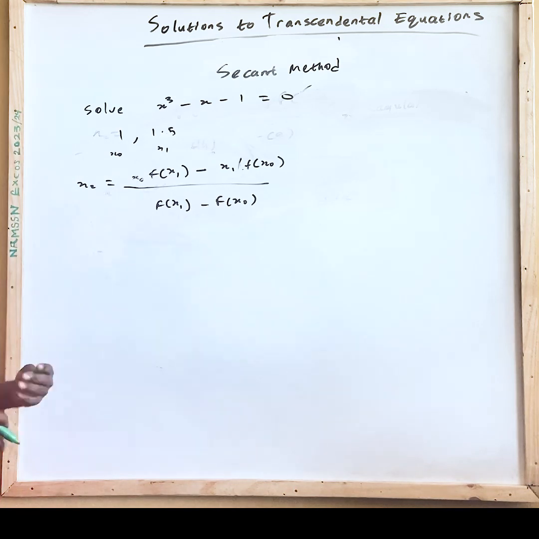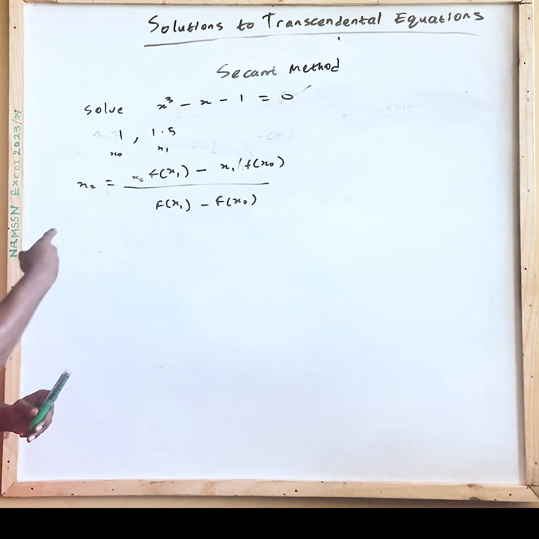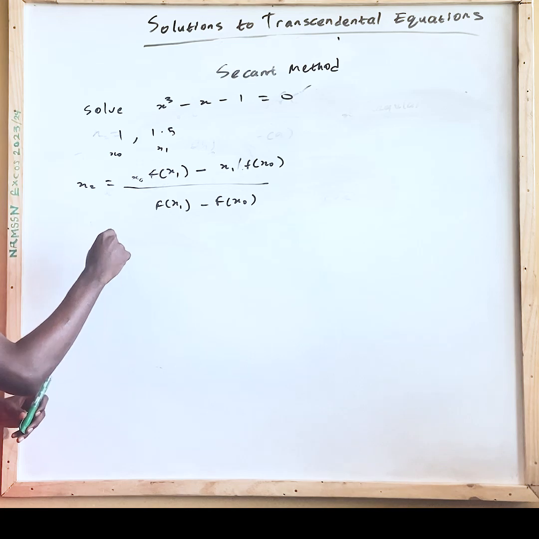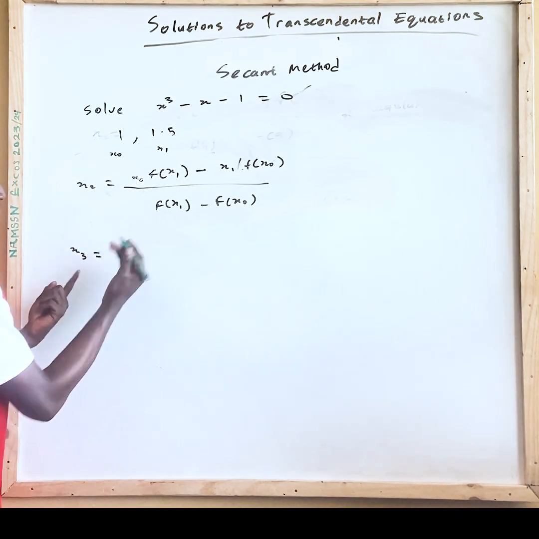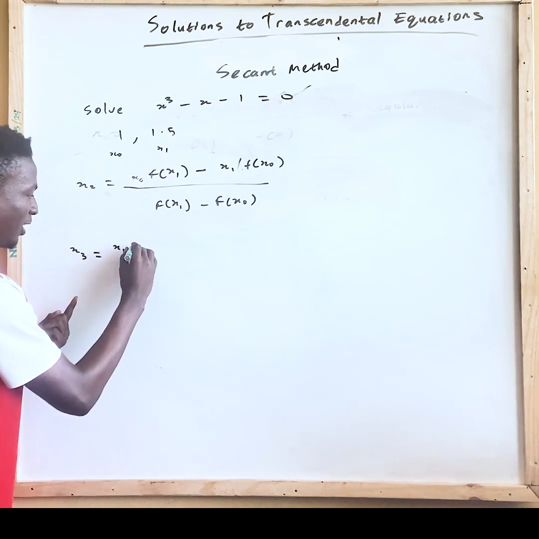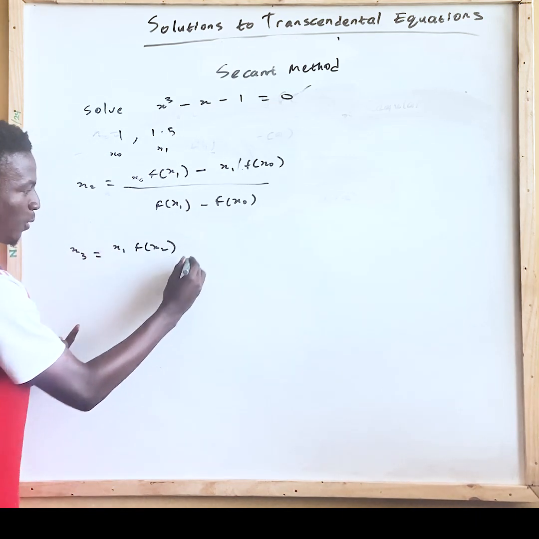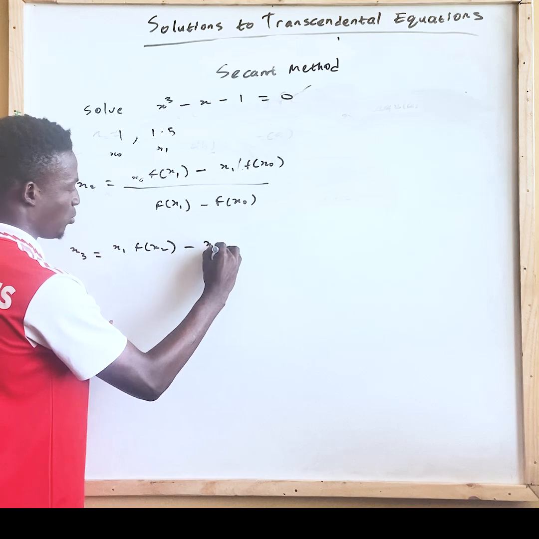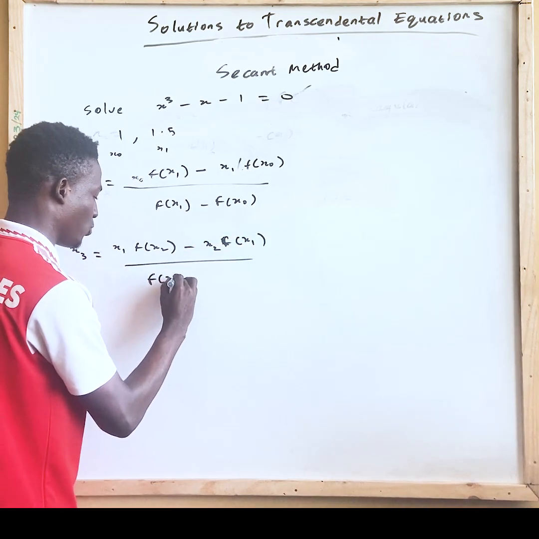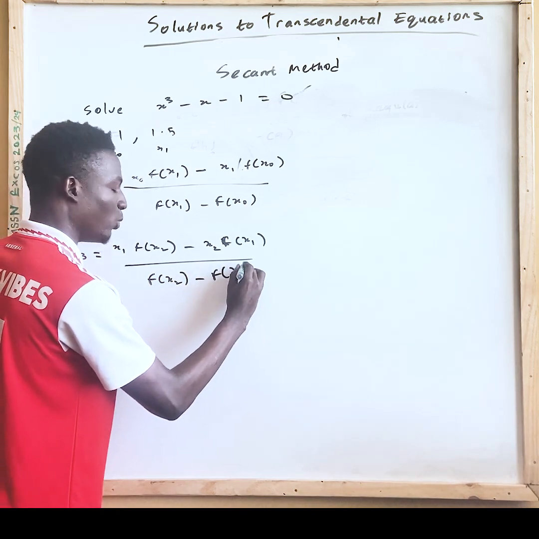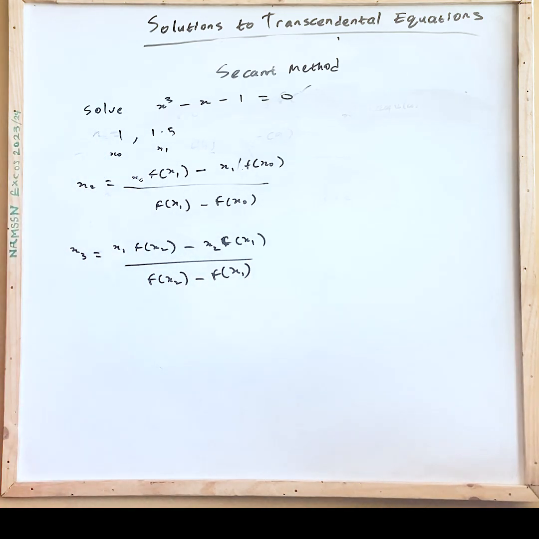Now, this gives me the regular false position vibes, but it's just that when you are doing x3, instead of it changing, like I said earlier, based on negative or positive, no. So your x3 will be x1 f of x2 minus x2 f of x1 over f of x2 minus f of x1, which means you don't really need to cram.